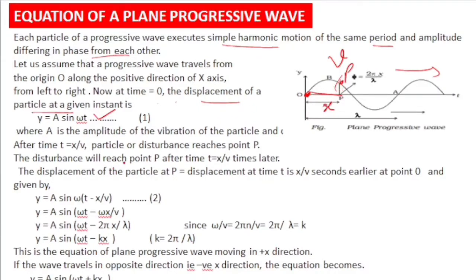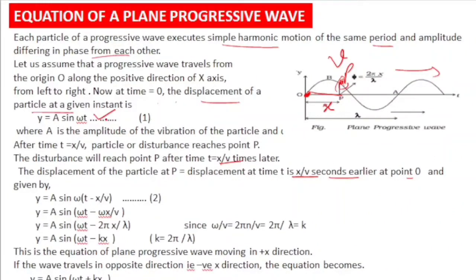Initially the particle is at O. After time x by v, it reaches point P. So the displacement of the particle at P is the displacement at O at a time x by v earlier.